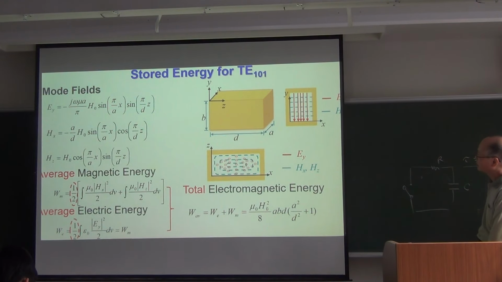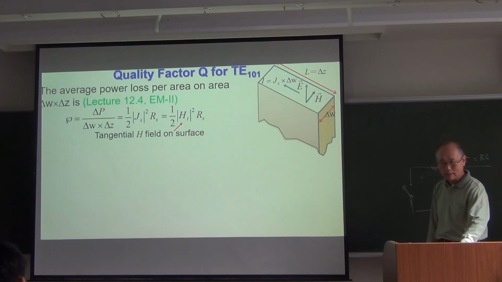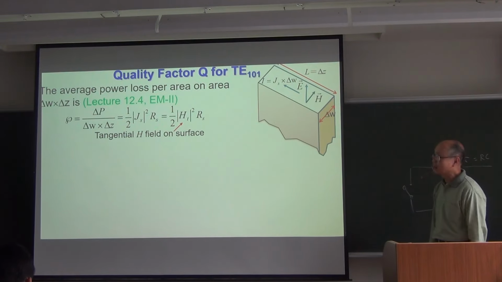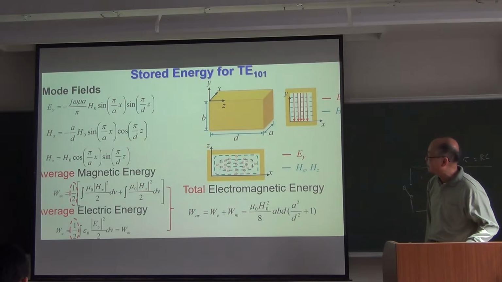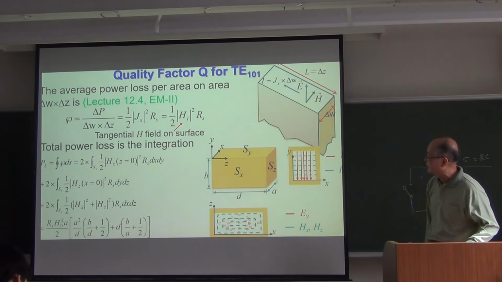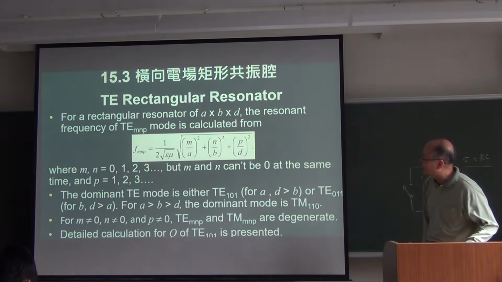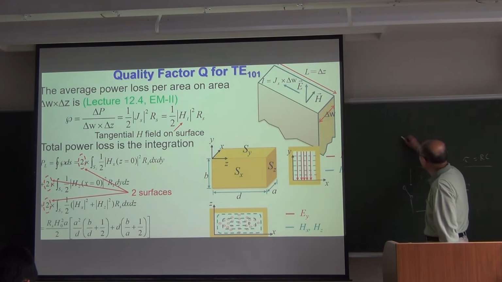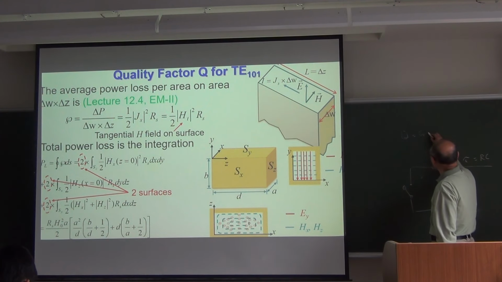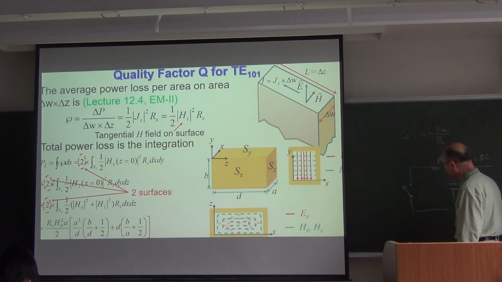Okay, and of course you can start to calculate the ohmic loss, so that you can calculate the cavity Q. For the cavity Q, you have an expression that is omega times the average energy over the power loss. This omega is the frequency.